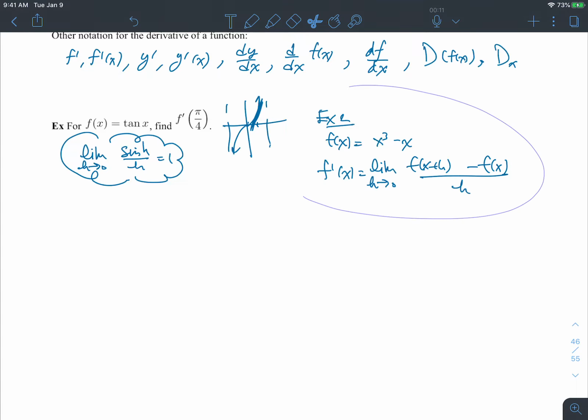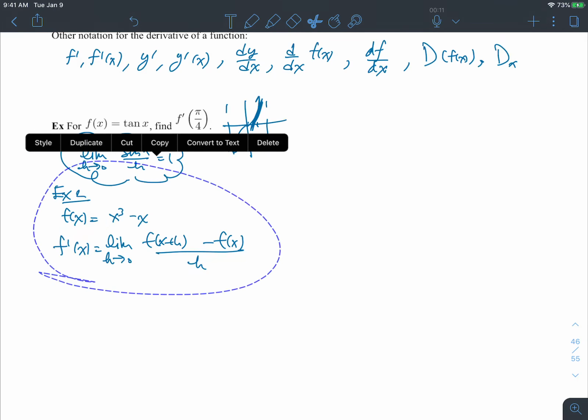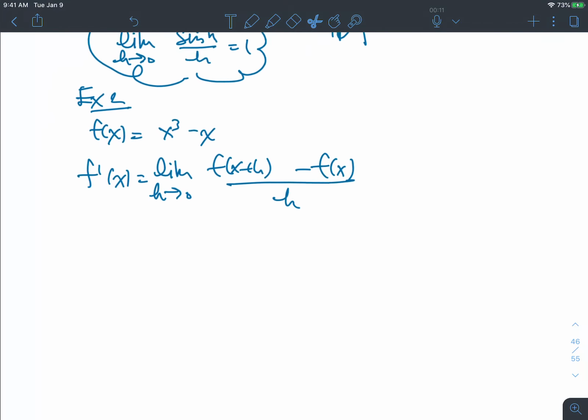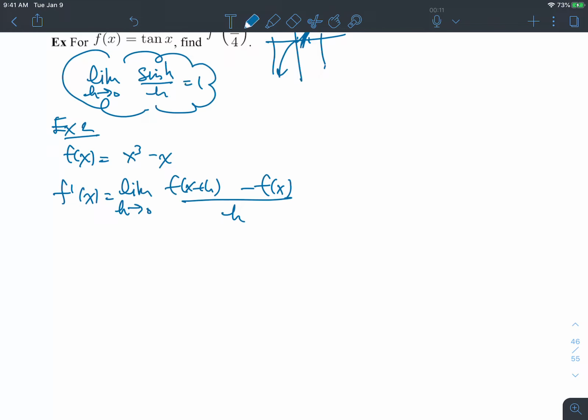And let me move that down here so we'll have more space. Okay. So when you do all that, because what we have is x cubed minus x, anytime that's x, we're going to instead write x plus h, right?